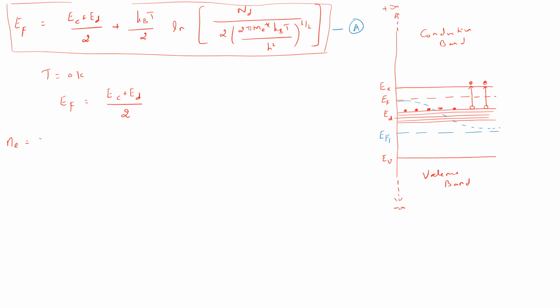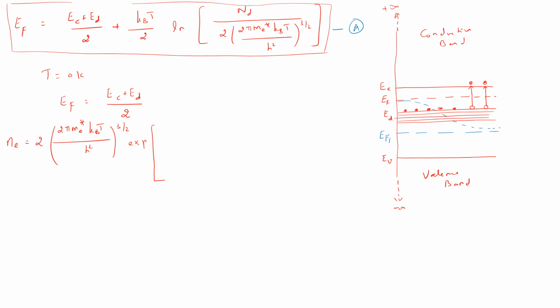Ne is equal to 2 into (2 pi me star kBT divided by h square) whole power 3 by 2, exponential of, you just look into it, EF minus EC divided by kT. Clear?